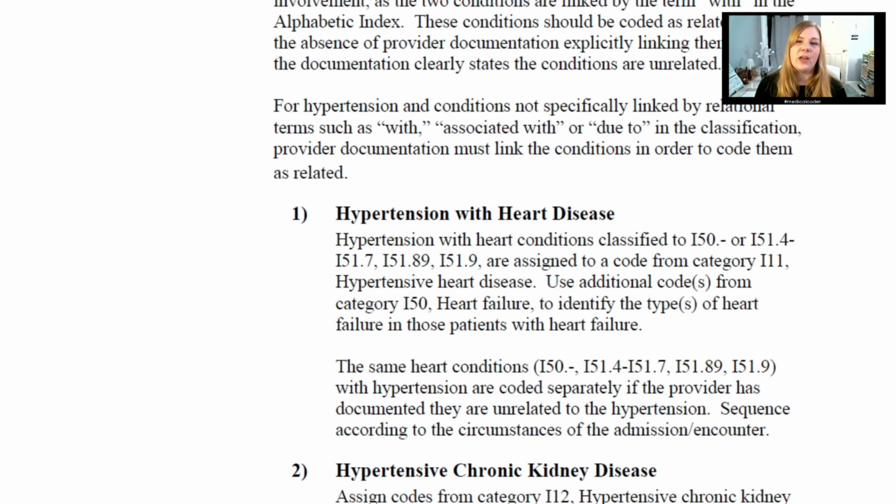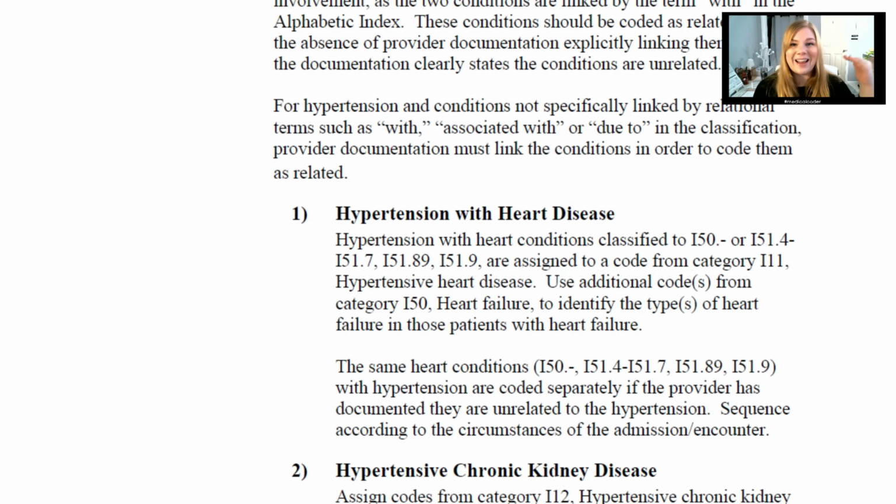So for example, if the provider documents diagnosis 1, hypertension, diagnosis 2, heart disease, anything that's classified from the I50 category or the ones listed here, I51.4, I51.7, I51.89, I51.9, they are assigned to category I11 because they're assumed to be hypertensive heart disease, even if the provider puts number 1, hypertension, number 2, heart disease.